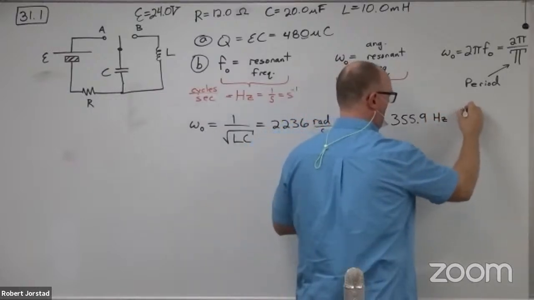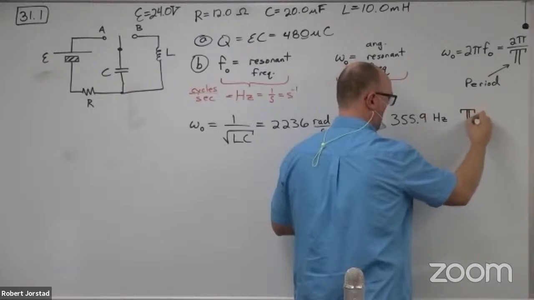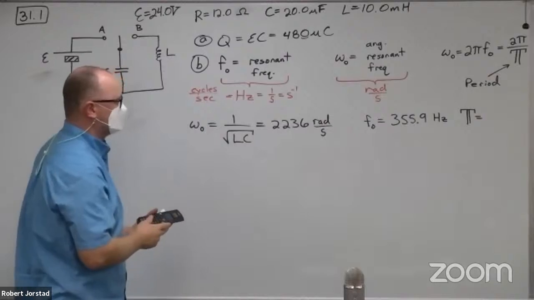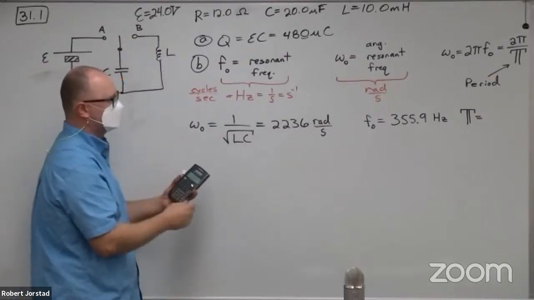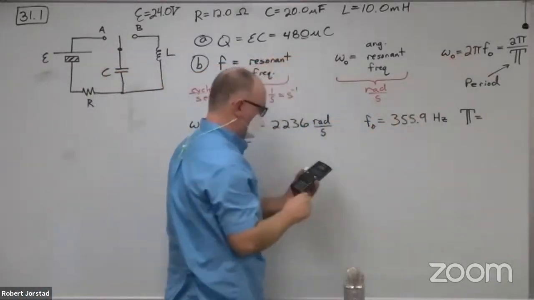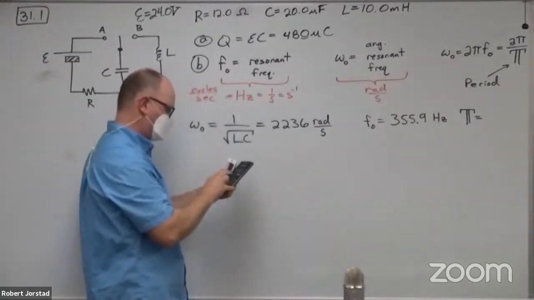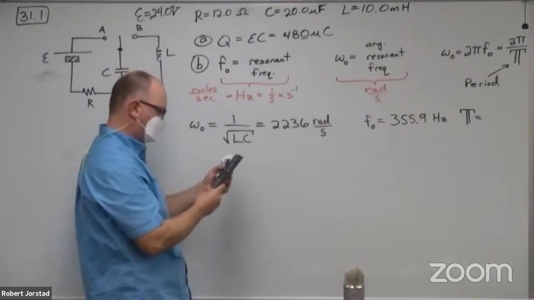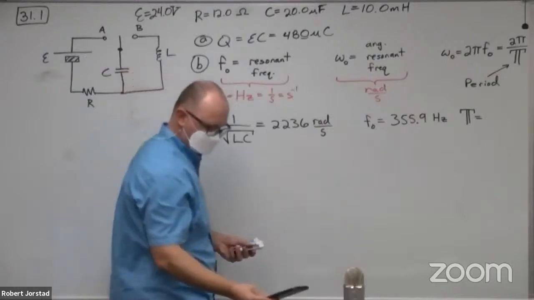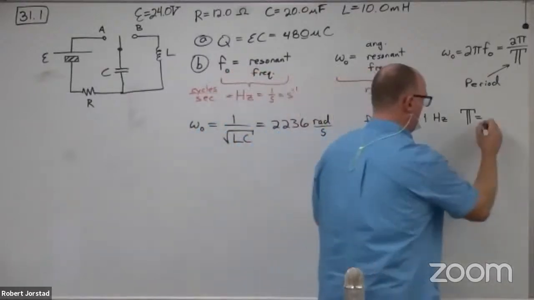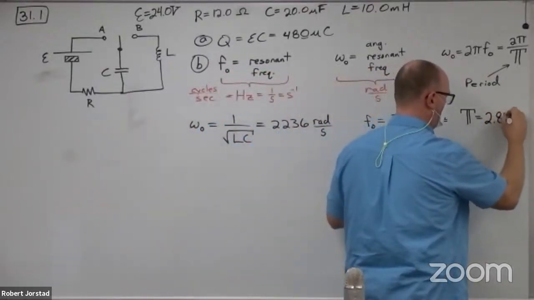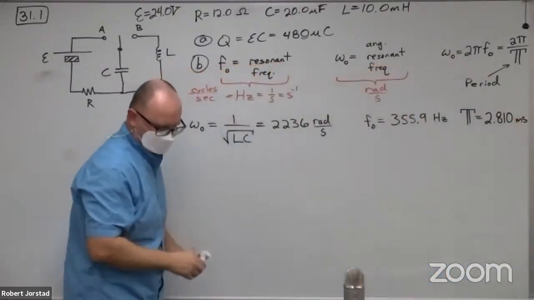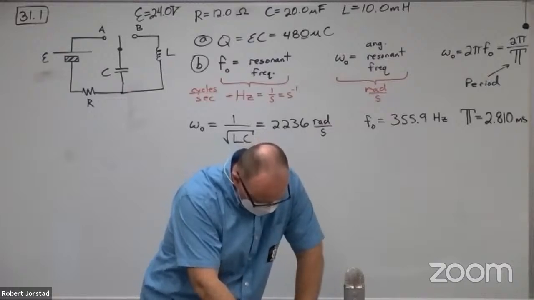And what's the period? Just because we can. Isn't that just 1 over that number? The 2 pi's would cancel, so it's just 1 over. I got 2.810 milliseconds. If I did the rounding right, I think so, right?